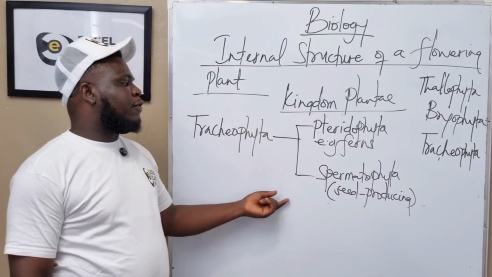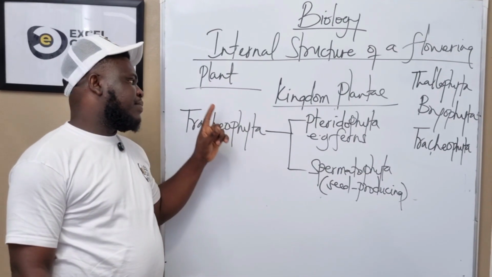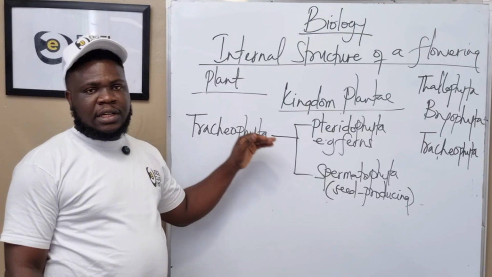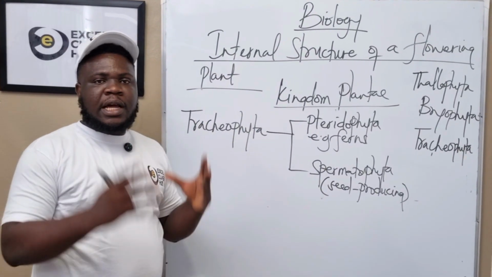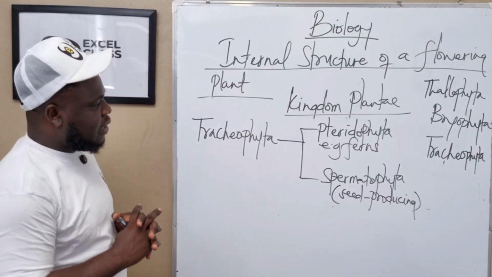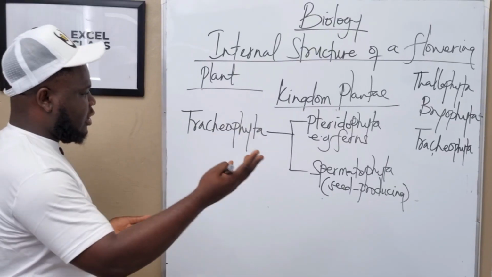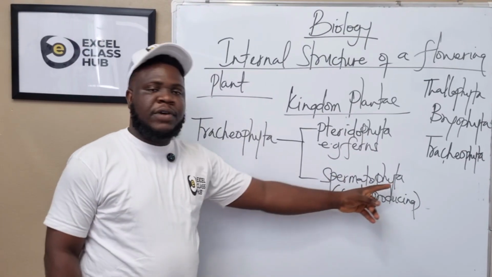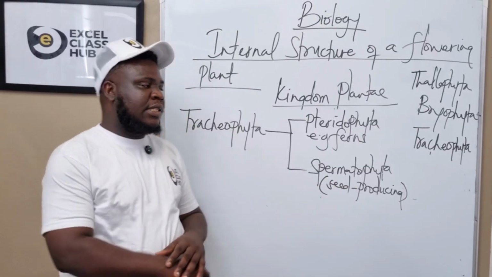Plants existing before Spermatophyta, for instance Bryophytes and Pteridophytes, basically produce spores. But the production of seeds begins from the Spermatophyta, and that is why they are called the seed-producing plants.